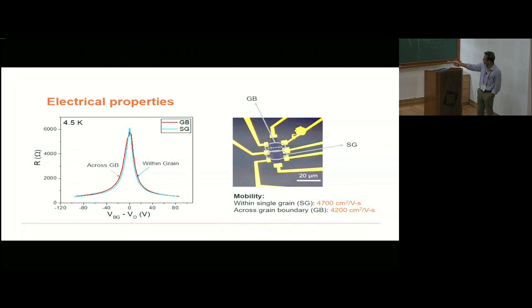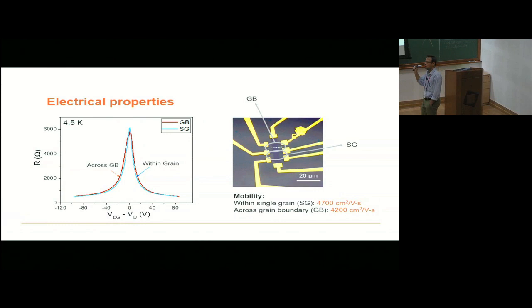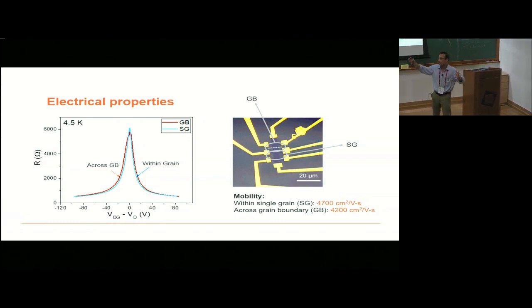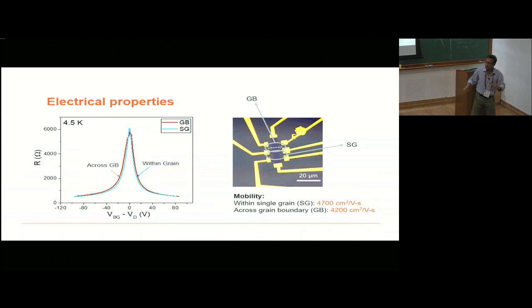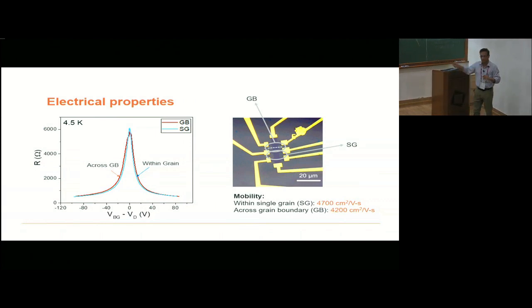So the mobility of electrons across the grain boundary is slightly lower than within the single grain. What is very interesting is that the grain boundary width is just about 2 to 5 nanometer, and the system size is about 10 micrometer. Even a single 2 nanometer region makes this much of a difference in the electron mobility.